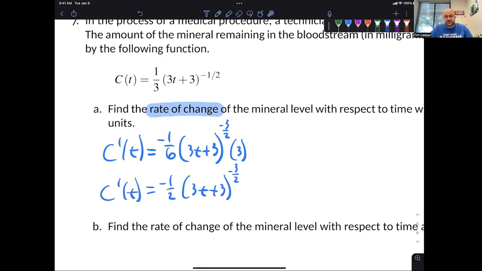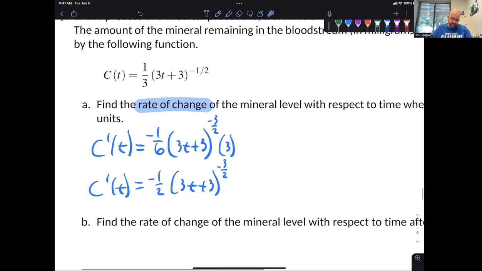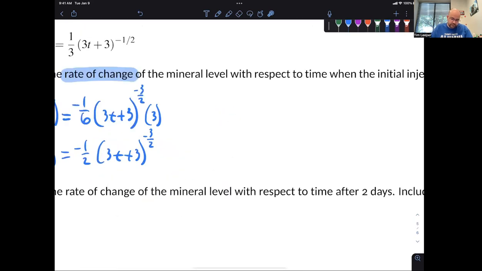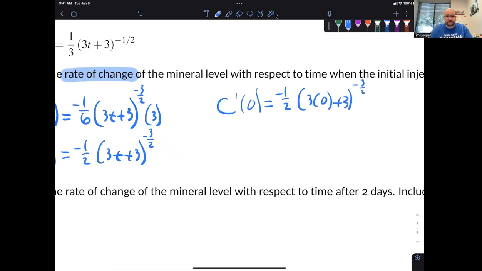But we specifically want to look at this at time T equals 0. So I want to find what is C prime of 0 here. So it'd be negative 1/2 times (3 times 0 plus 3) to the negative 3/2 power. And then we can just go type that in.